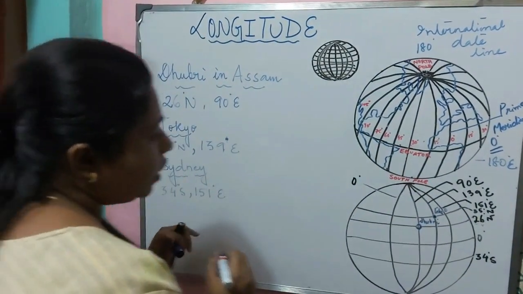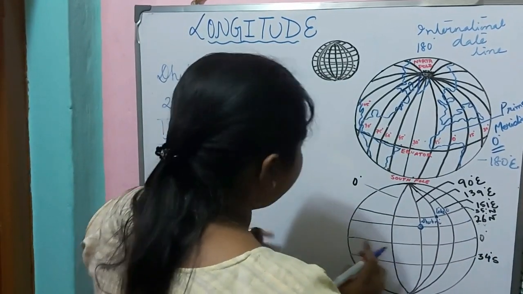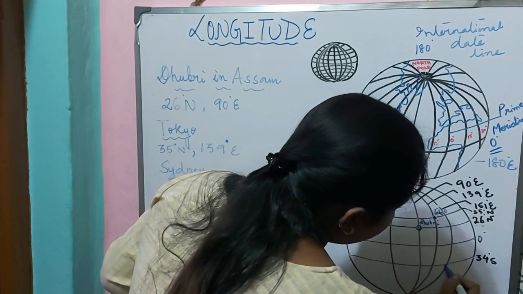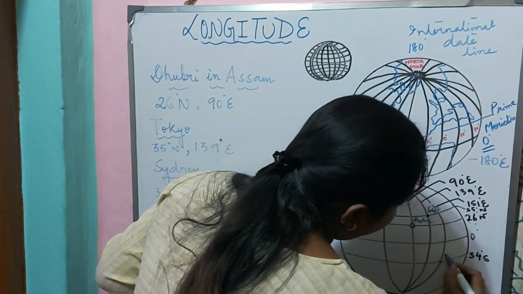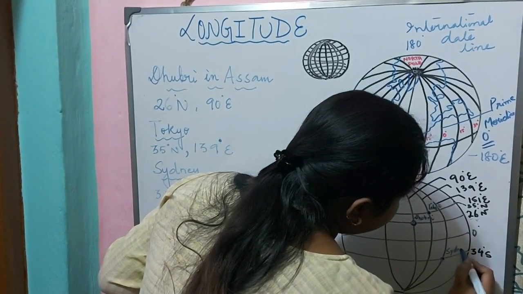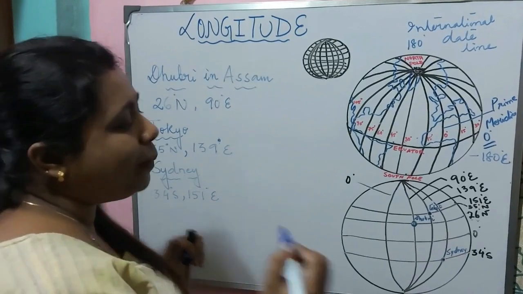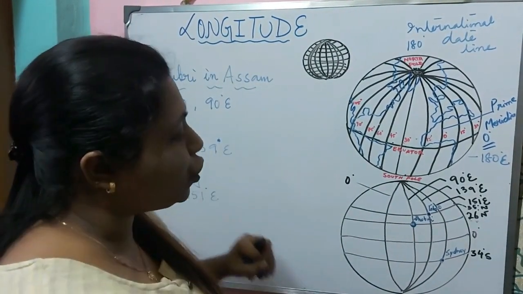Now, for Sydney, 34° south. This is 34° south. 151° east. This is 151° east. So, this is the location of Sydney. So, to find the exact location of any place, we need both the latitudes and longitudes.